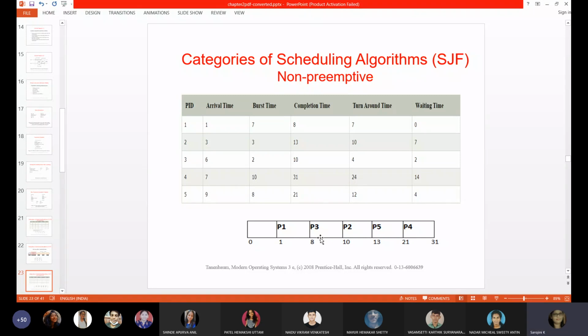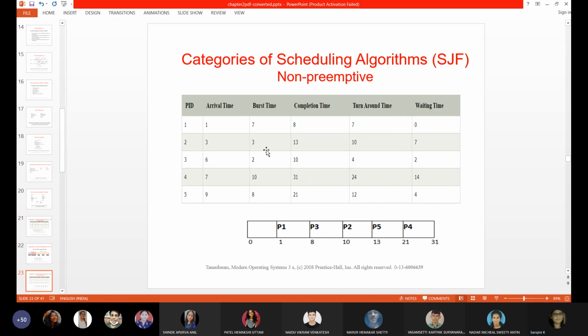Now, which processes do we have to consider to apply SJF, excluding process P1 and P3? We have process P2, process P4, and process P5. On these 3 processes, the SJF algorithm will be applied.